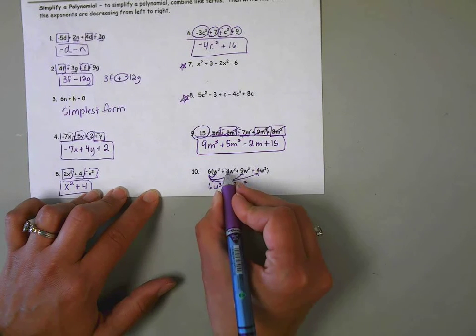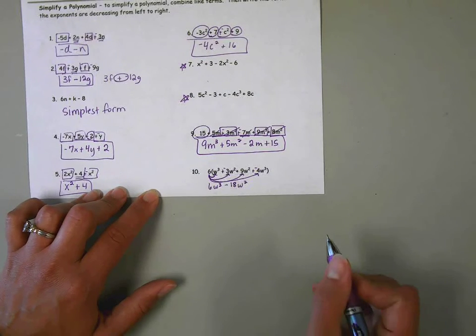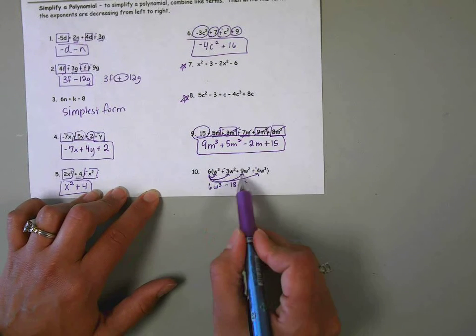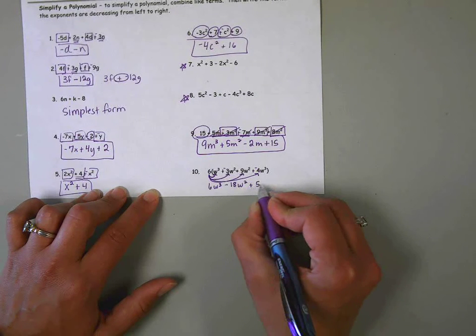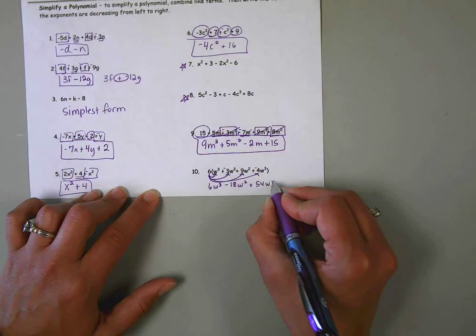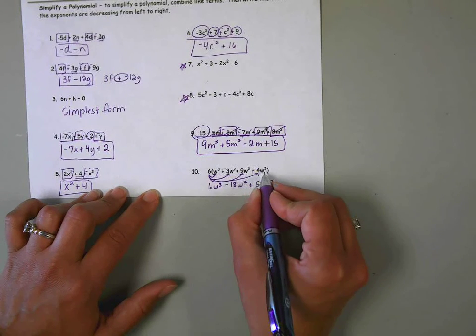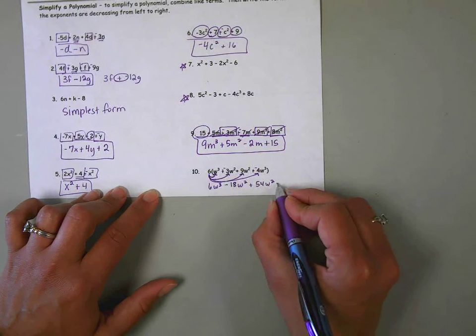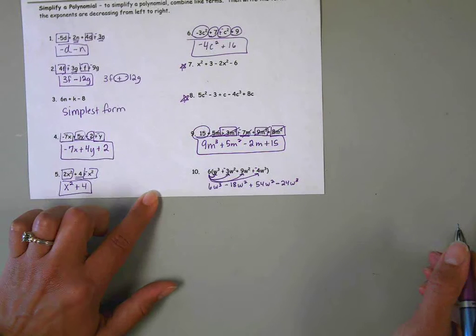So 6 times a negative 3 is a negative 18, so I went ahead and just put a negative as my subtraction sign. 6 times 9w squared is a positive 54w squared. And 6 times a negative 4w cubed is a negative 24w cubed.